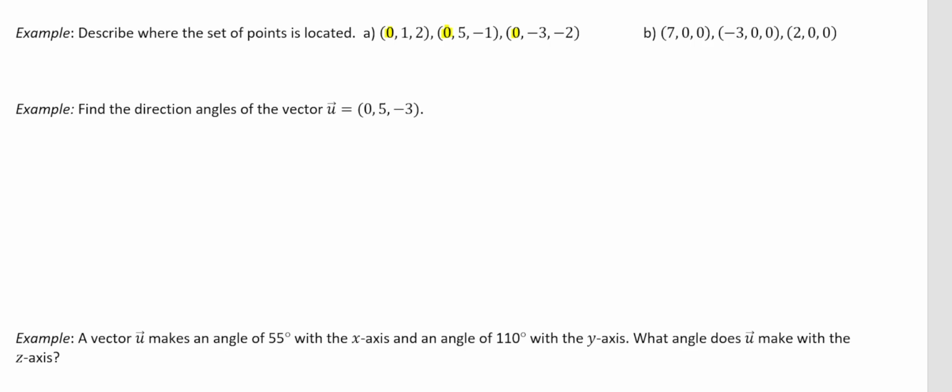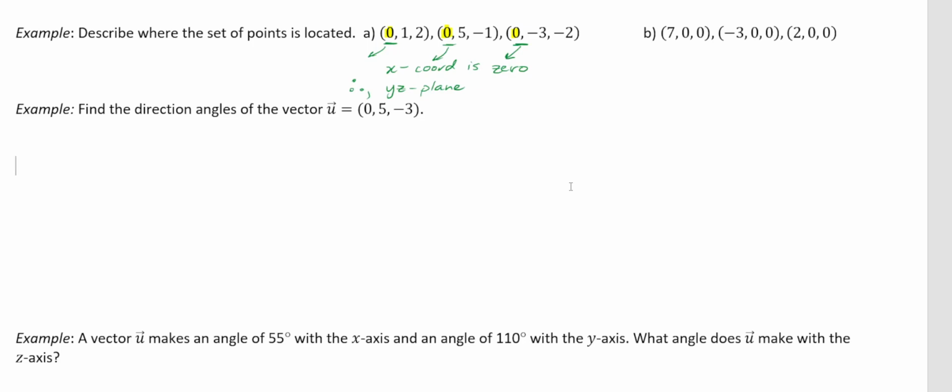So if the x component in each of these points is 0, that means it has to be located on the YZ plane because it doesn't have an x component. It only has a y component and a z component, so it's going to be on the YZ plane.